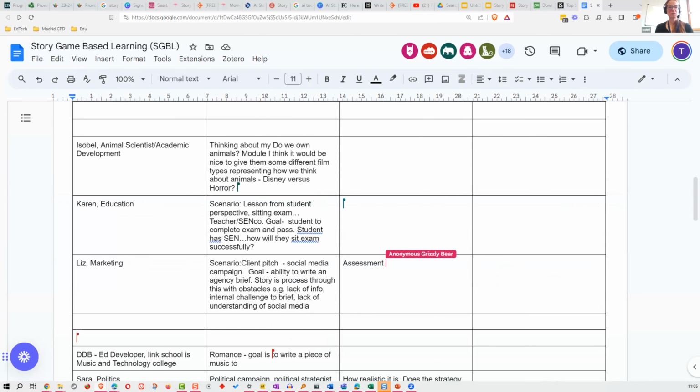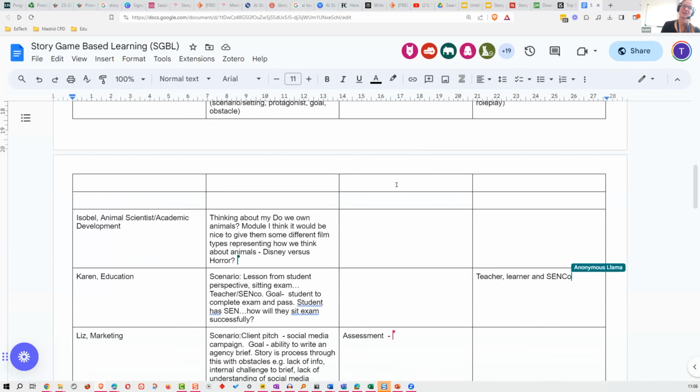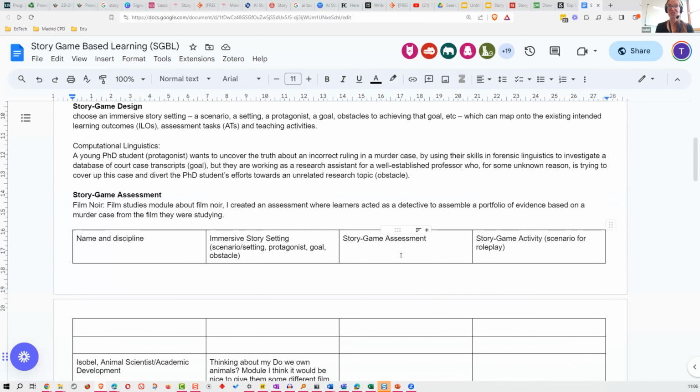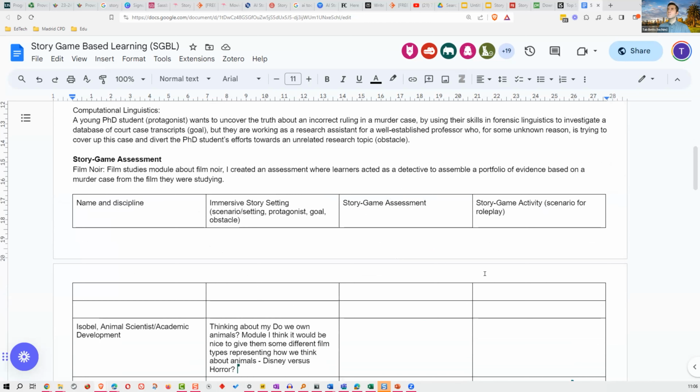Tab, can you remind us what the assessment bit is? Is that whether it's on the product or maybe reflection? Well, I guess it's just thinking about how you would create an assessment that would link in with the story setting that you've come up with.